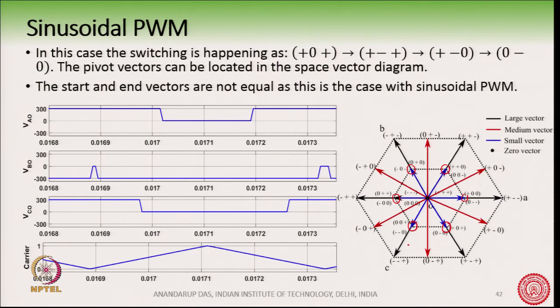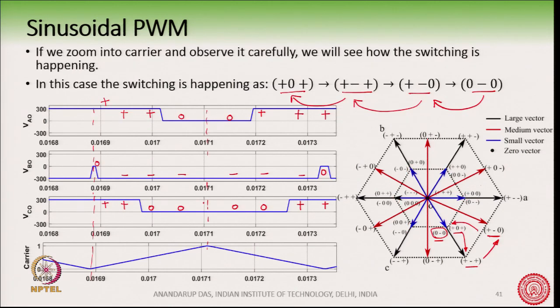Okay. This is the case with sinusoidal PWM, where the start and end vectors are not equal, and we can see here also, right. So, you see here this is the end vector. Here is the end vector 0 minus 0, and its duration is much bigger than plus 0 plus.